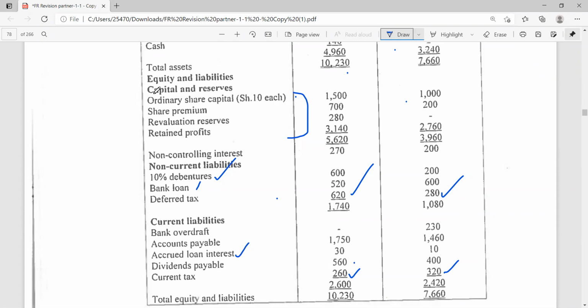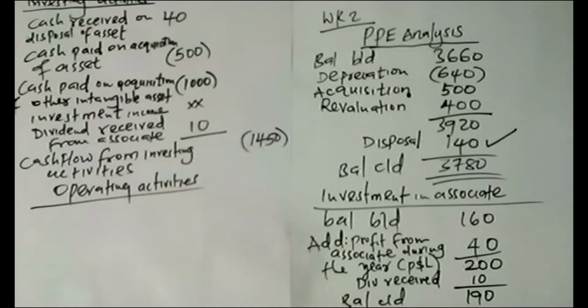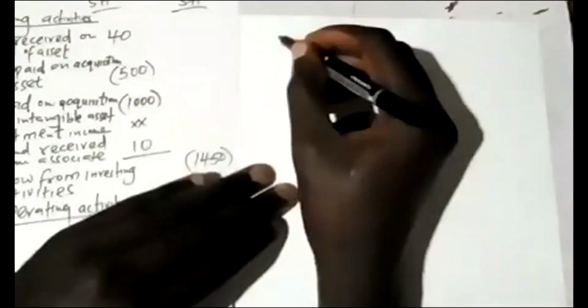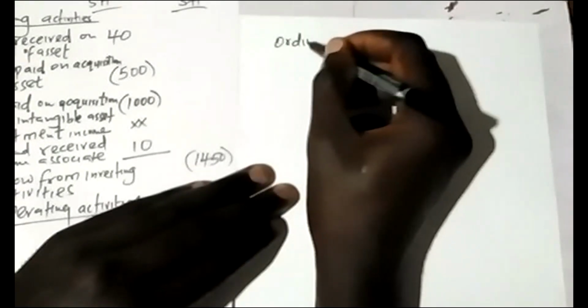So we can start from ordinary share capital, which we combine with share premium. So we consider that. This is another working.